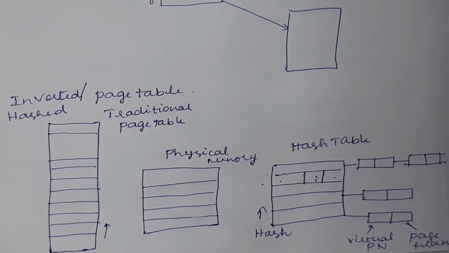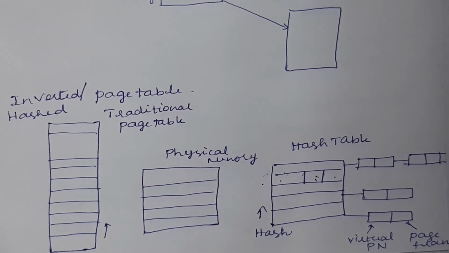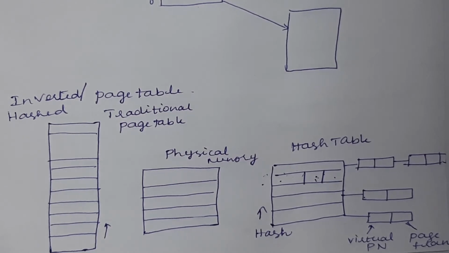From that entry we can get the correct frame number, and correspondingly the actual content we need. So we can get the actual physical address of any content or instruction easily without much delay. This is the advantage in case of hash table.